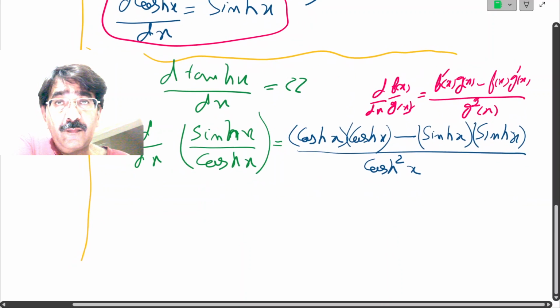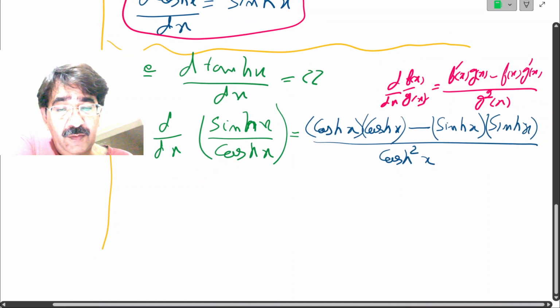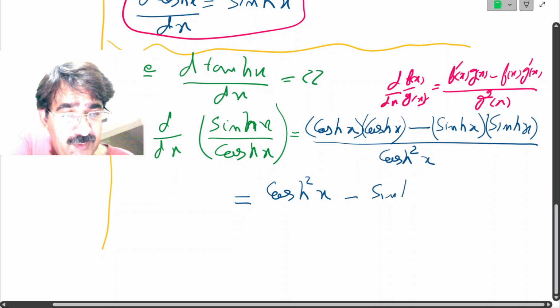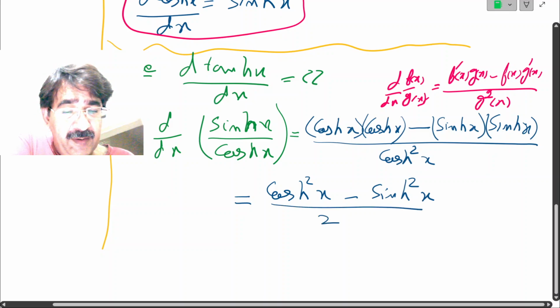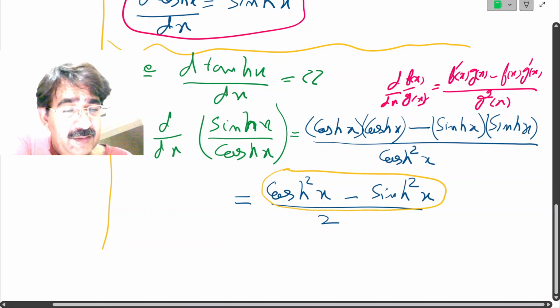So the result is cos hyperbolic square x minus sine hyperbolic square x, and this cos square minus sine square is equal to 1.